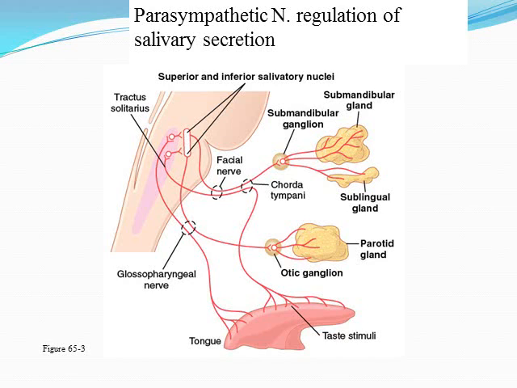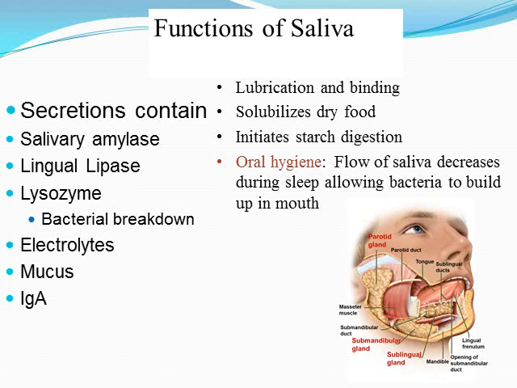Salivation can also be triggered by seeing food and smelling food, but this is the best direct connection that we can make between salivation and the taste of food. And you do need saliva in order to be able to taste the food, so it's kind of like a feedback loop as well.